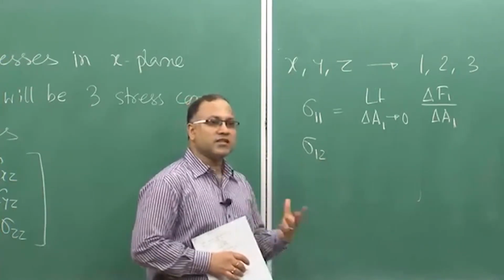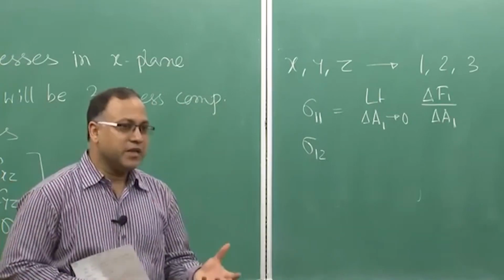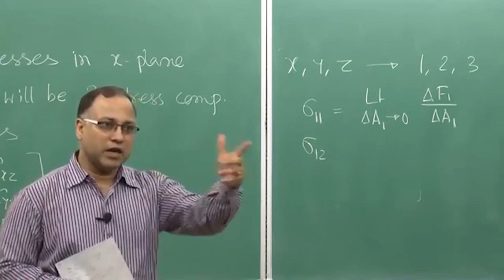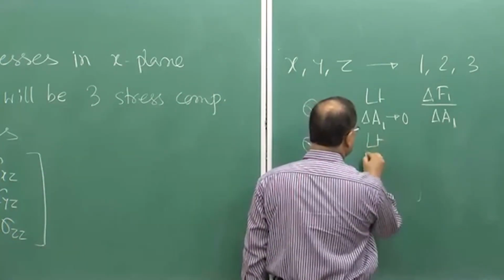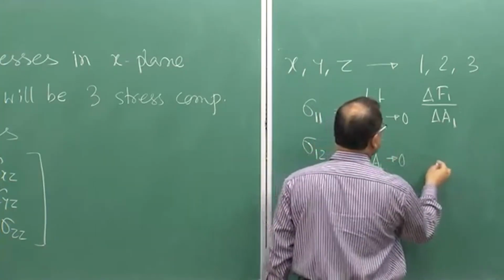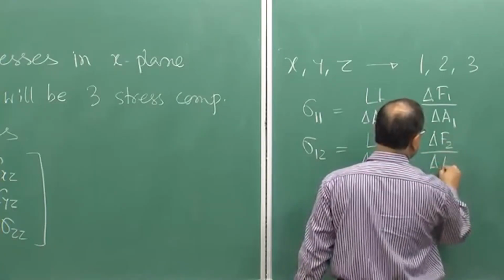Now, sigma 12, what does it mean? That means this is the shear stress on plane 1 along the 2 direction, okay. So, that is defined by the limit, on the same area, as delta A1 tends to 0, of delta F2 by delta A1.